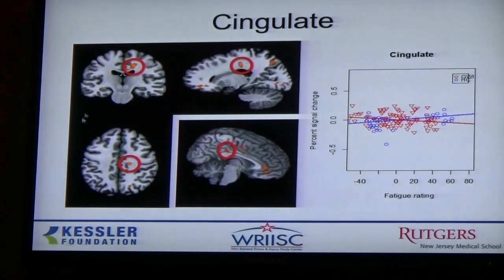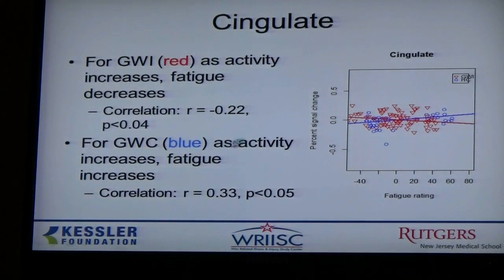These are 3 pictures of the same orthogonal views, and this is the 3D reconstruction again. For folks with Gulf War illness, as activity increased, fatigue decreased, a less strong correlation, but nevertheless reliable. And for the controls, as activity increased, fatigue also increased, again a less strong correlation, and again a bimodal distribution.